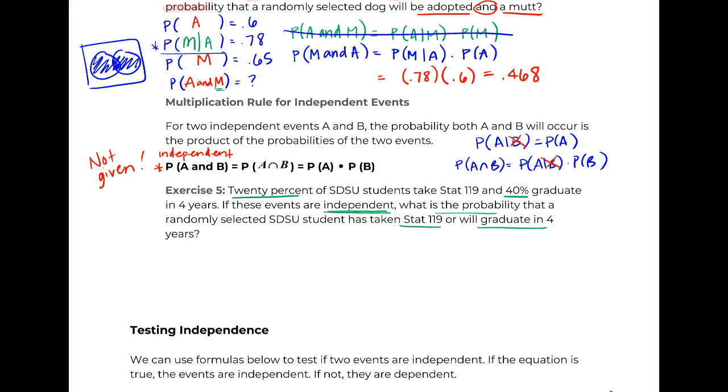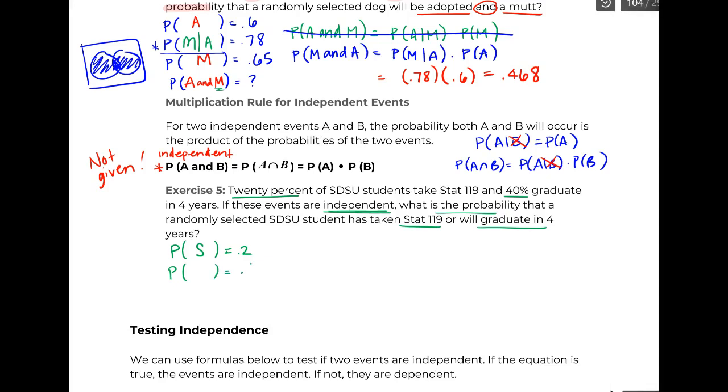So again, feel free to read through these once as a skim, try to think of what your events might be, and then come back and see what we've got. So if we break things down, we've got a 20%, but this is about taking Stat 119. We have a 40%. Sorry, I hate when things pop up.